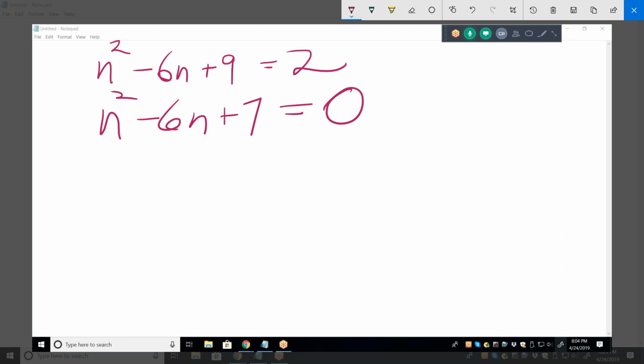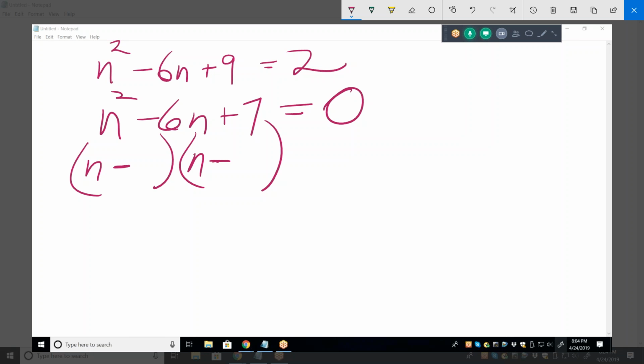Now I can factor it and try to solve it. Does it factor? Both signs have to be negative.